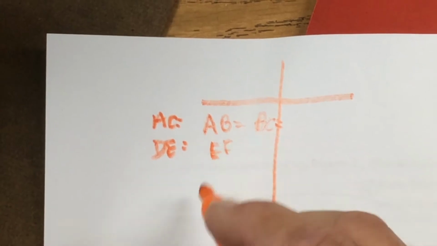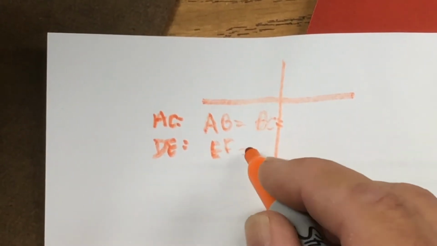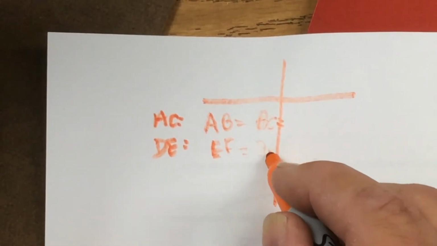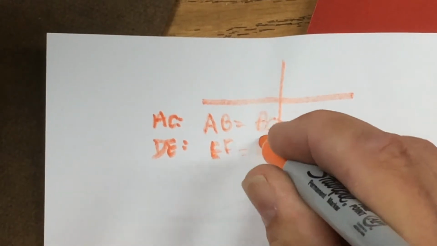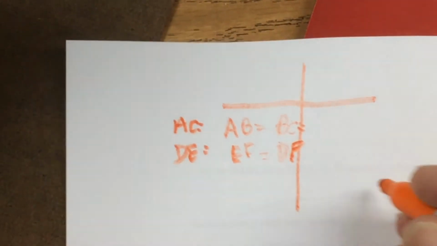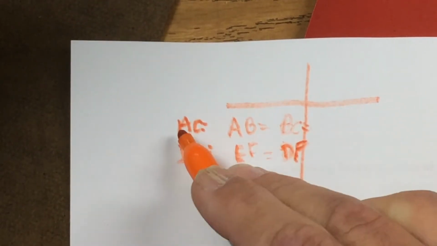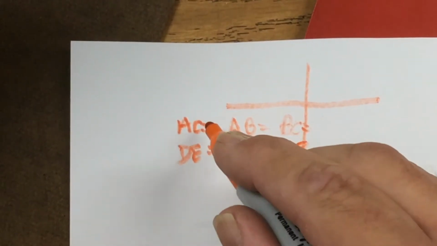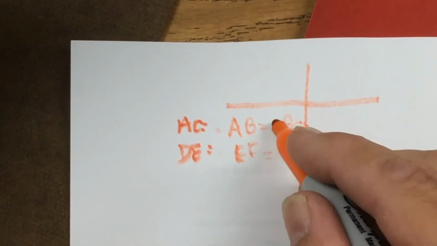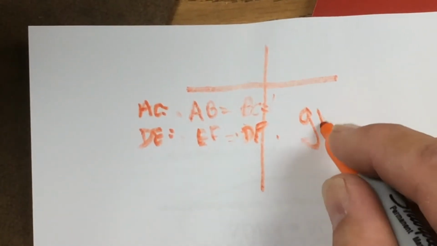EF is equal to something. And DF is equal to something else. Now, if I've done this so that this is small, this is medium, this is large for each of the 2 triangles, that's going to mean that I have these numbers already set up where they need to be. But basically, this is just given.